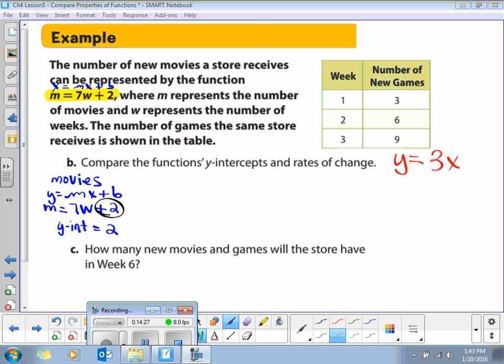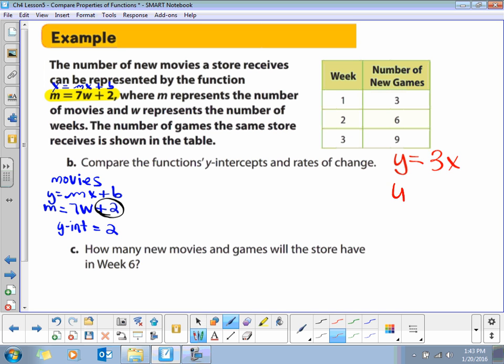Okay? We want to know what our y is when x is equal to 0, right? So y is equal to 3 times 0. So y is equal to 0 when x is equal to 0. So for the games, the y-intercept is equal to 0.